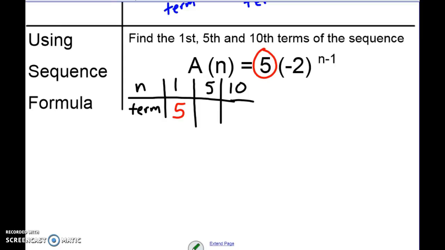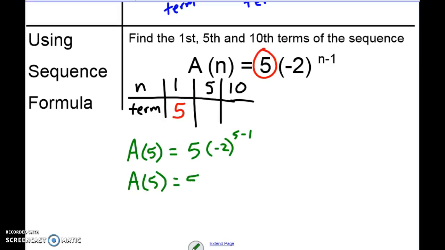To find the fifth term, we'd write a of 5, which is just function notation for saying I'm going to find the fifth term. Then you do 5 times negative 2 to the 5 minus 1. 5 minus 1 is 4.